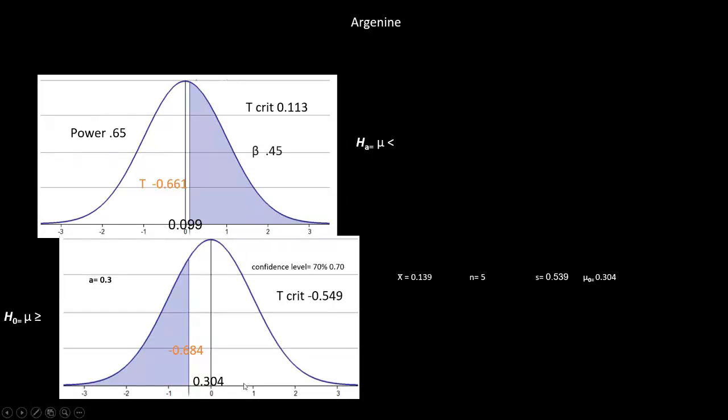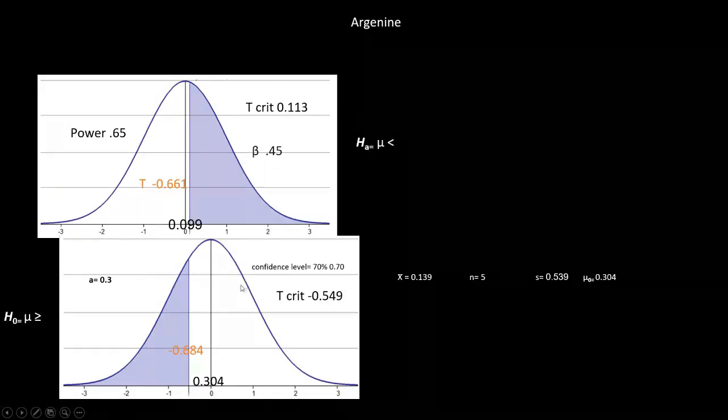In the trimming, I used the parameters that you wanted me to use: the sample means, the sample size of 5, and the sample standard deviation of all the samples.